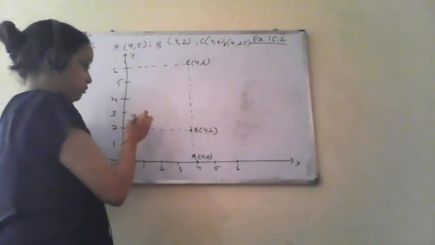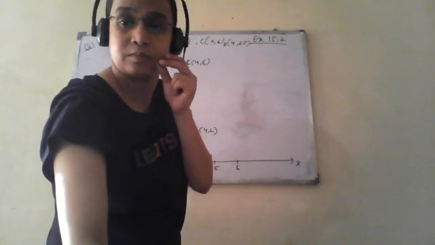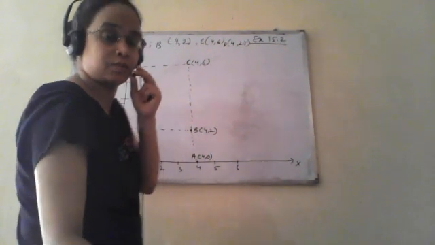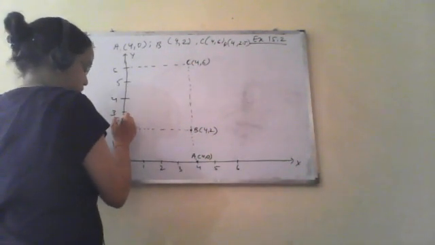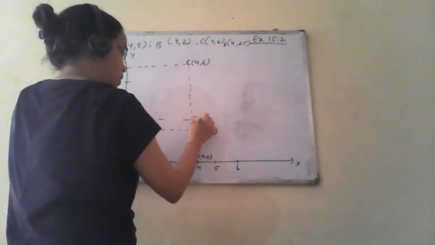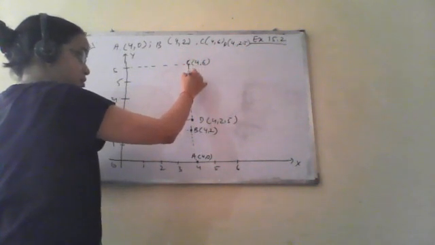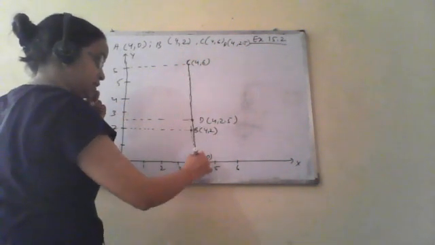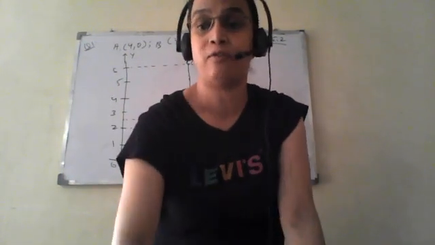Again (4, 2.5) will lie between these points. So this is our point D. If we draw a line, it comes out to be a straight line. This means these points lie on a straight line, or this is a linear graph. Okay.